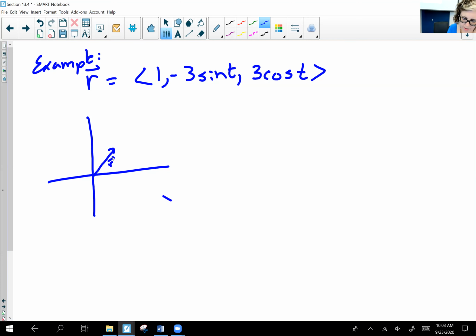If this is my R vector, it's going to move with time, and this goes into your project. At t equals 0, it might be here. At t equals 10, it might be hanging out over there.